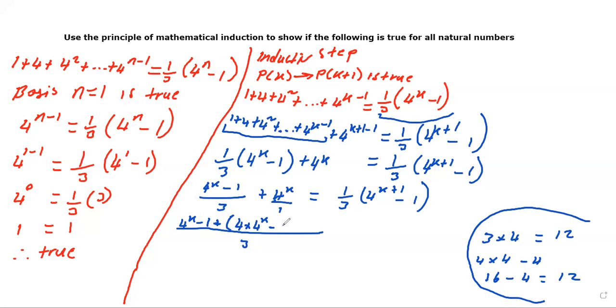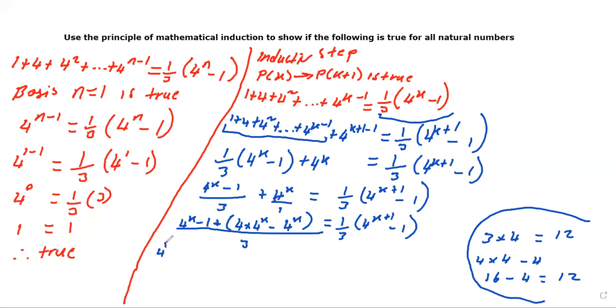I have to minus 4 to the k. All right, because if I say 4 times 4 to the k, that would be me using an extra one. So I have to take out that extra. All right, so that's going to be equal to 1 over 3 into 4 to the k plus 1 minus 1.